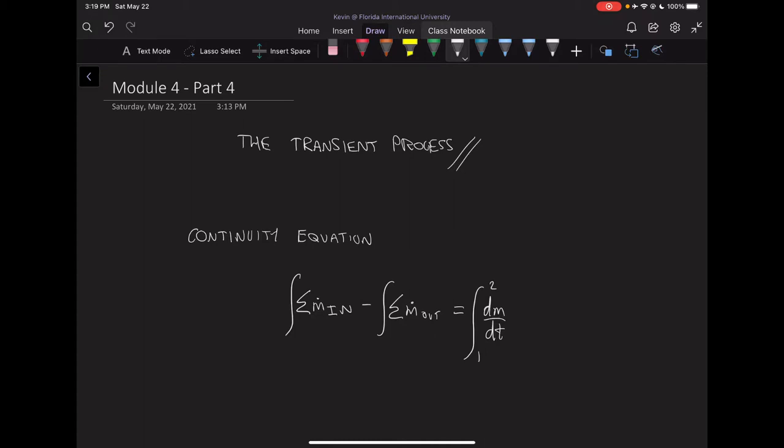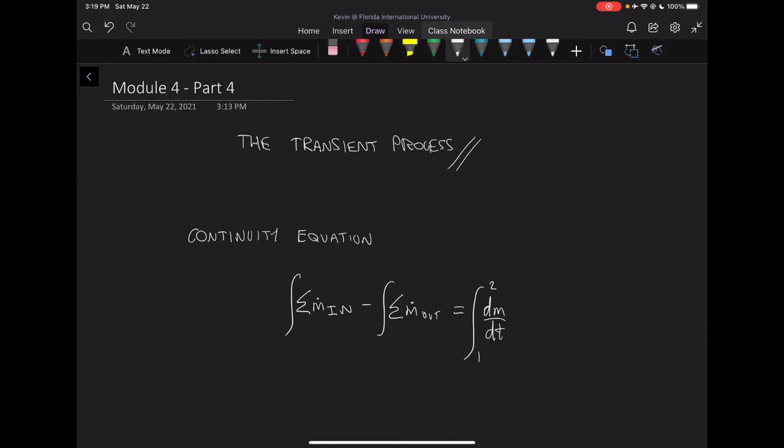What that really means is that if we have a difference between the mass flow rate in and the mass flow rate out, we're going to get a change in mass over time in our control volume. Just like if we look at time 1 at 0 seconds and time 2 at 60 seconds, if we're filling up a sink, you would change the mass of the water in the sink throughout the 60 seconds.